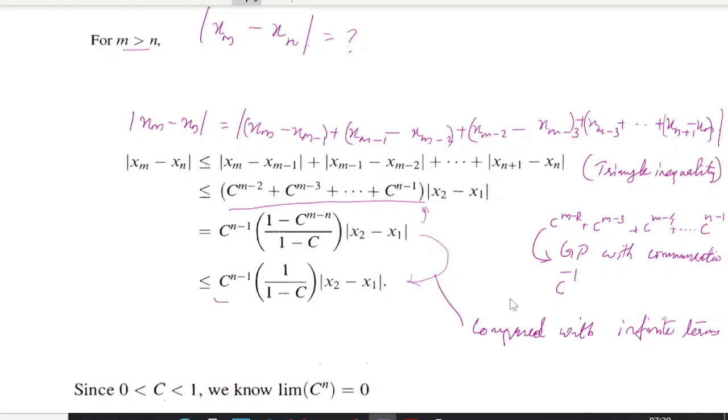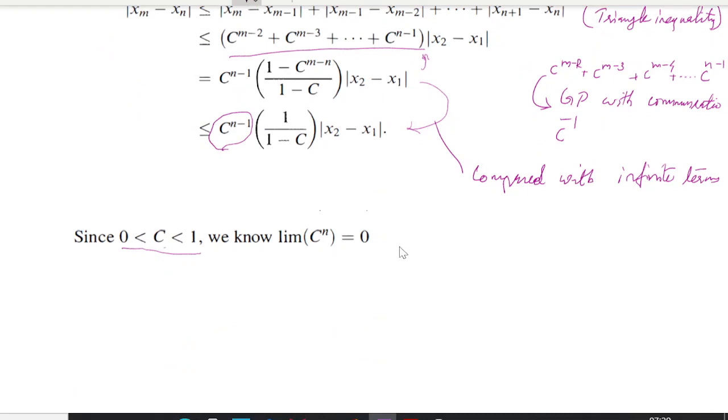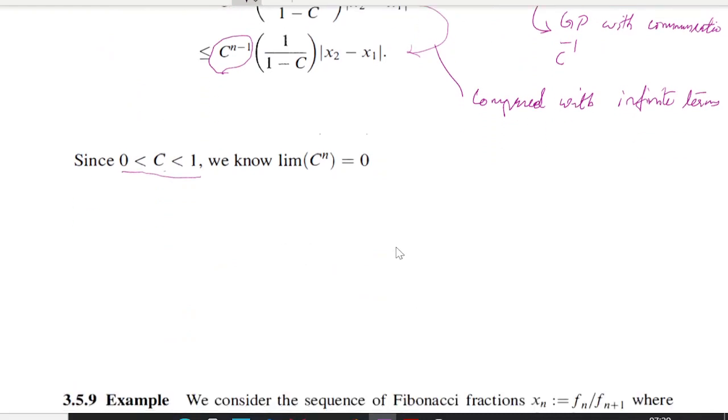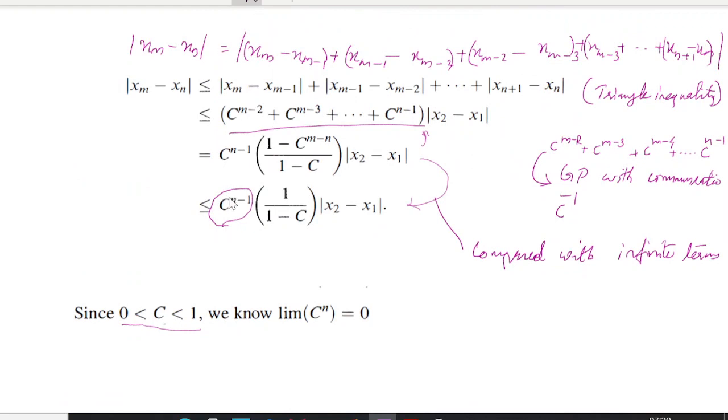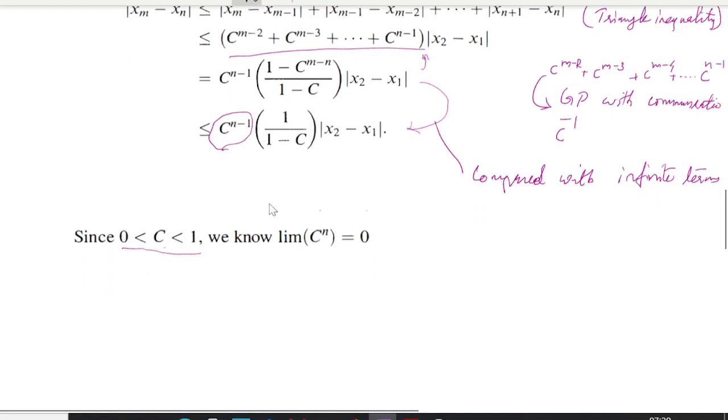Now what about this sequence c raised to n minus 1? Since our c value is lying between 0 and 1, the limit of c raised to n is equal to 0. This we have already seen. So this quantity converges to 0. So that means whenever your n value is getting bigger and bigger, this side will reduce to 0.